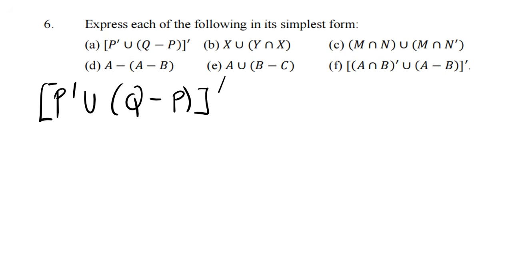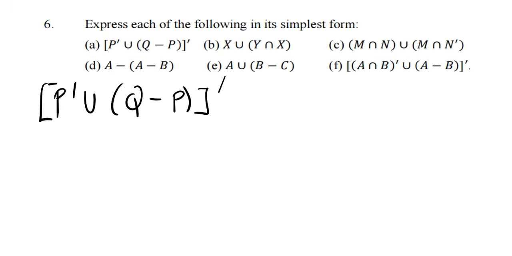There are a lot of ways to solve this question, but what you should know is that Q minus P is called the difference law, also called a relative complement. So this equates to Q intersection P complement. That is very important, especially as far as this question is concerned.